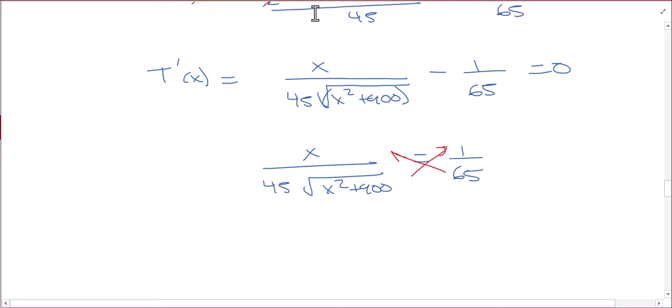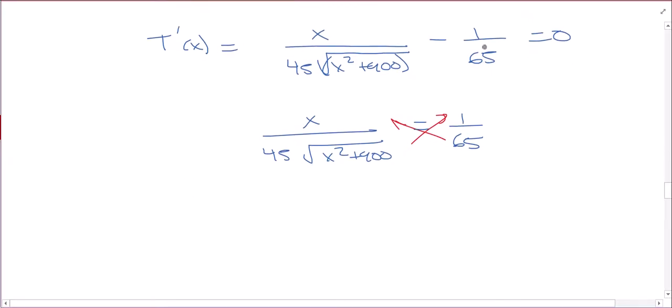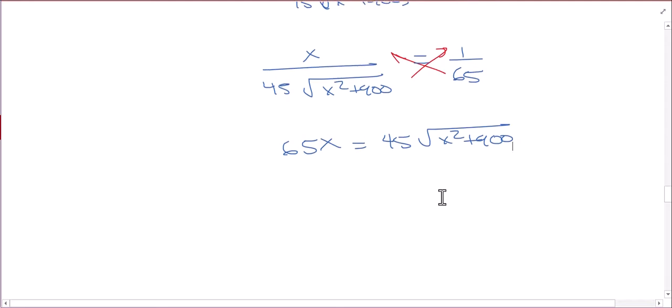After I cross multiply, I get 65x equals 1 times 45 square root of x squared plus 900. Then get rid of this square root by squaring both sides and solving for x.